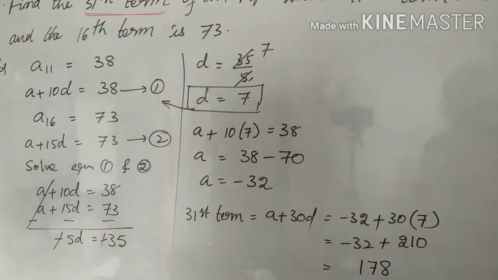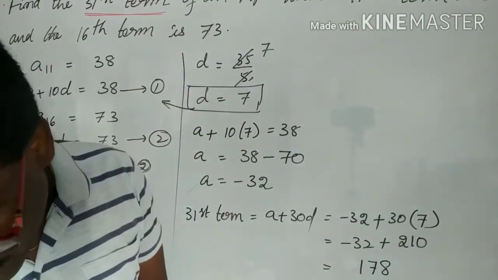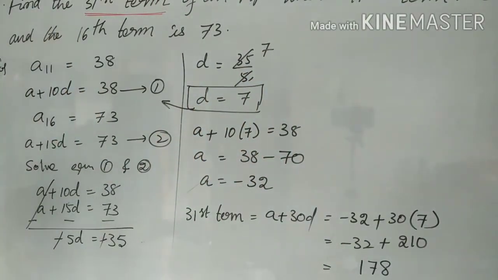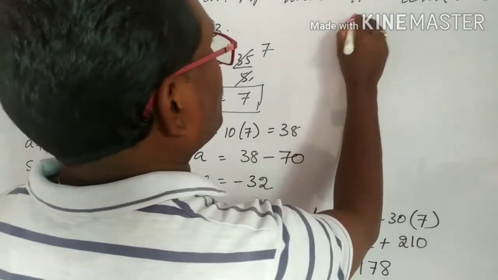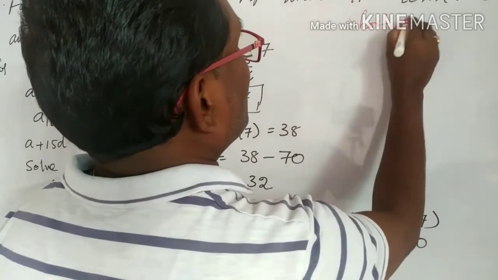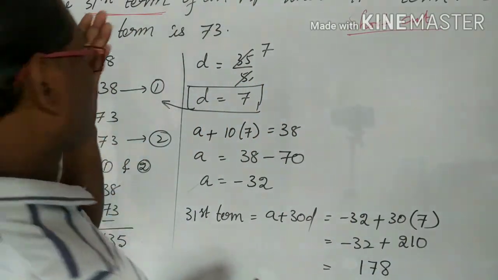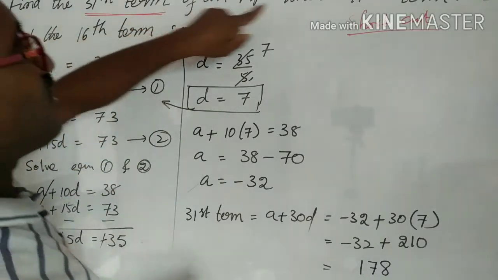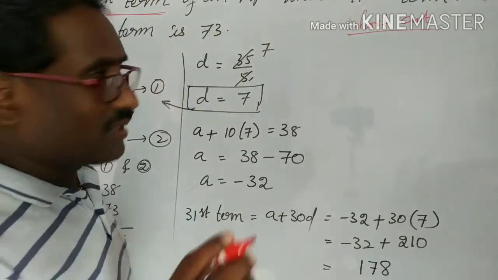Suppose this was asked in a competitive exam. This is the big procedure and it will take so much time, so how to do this problem with a shortcut? Here the 11th term is given and the 16th term is given.